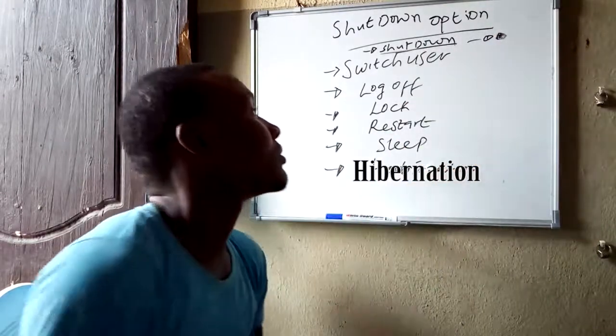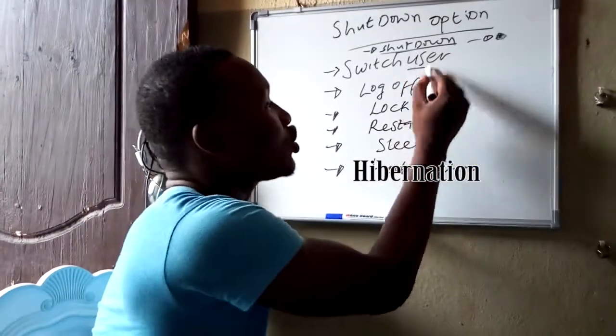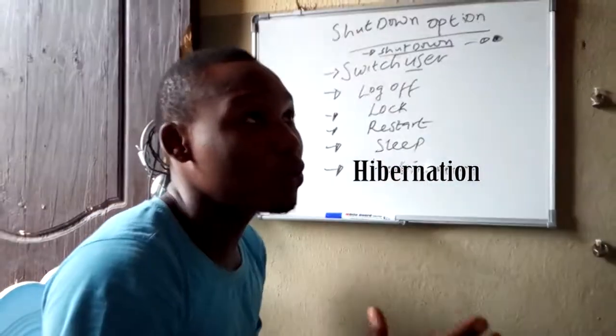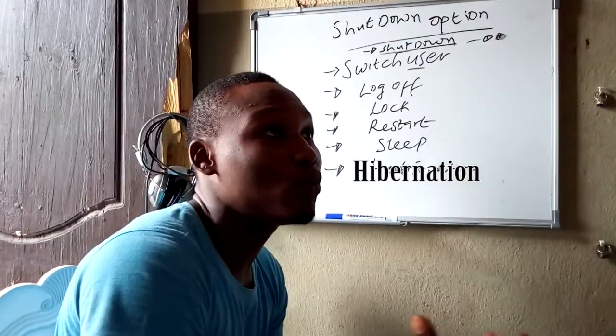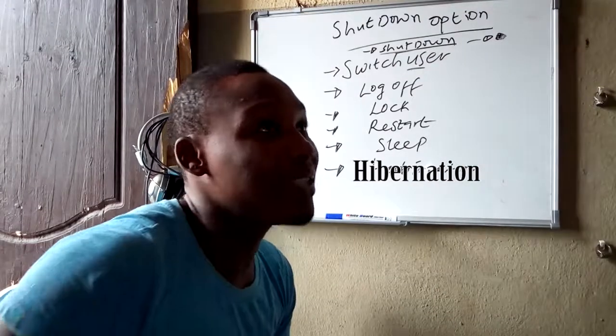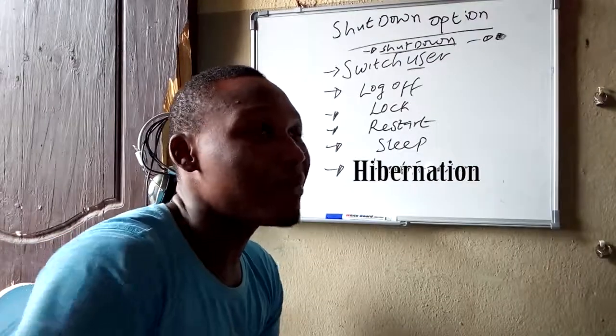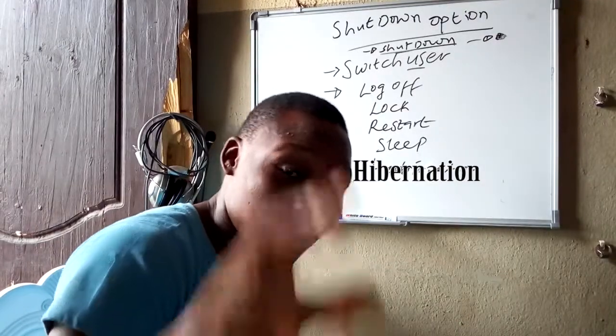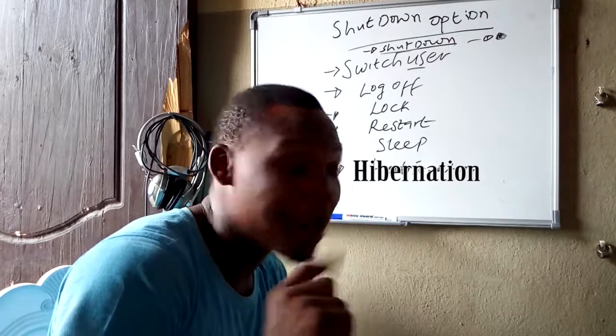Now we have what we call the switch user. This switch user is just like in your Facebook, you can open a Facebook for yourself and for your sister, and each user's Facebook is different from the one your sister opened, but the both of you are opening it in the same mobile phone.